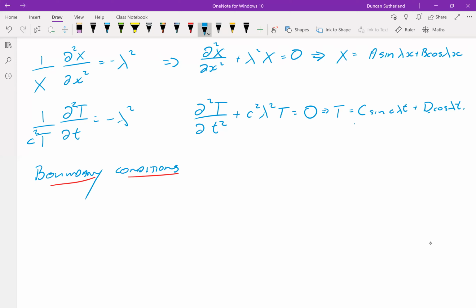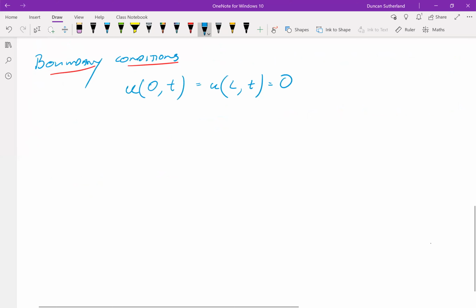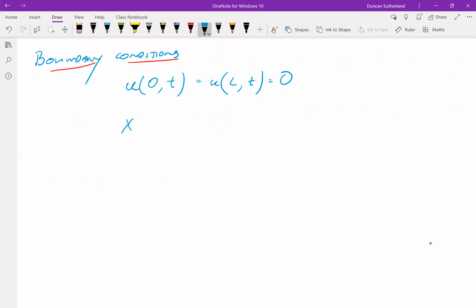So our boundary conditions are specified for U, so they're specified for all times. They are homogeneous directly, which means that the value of U is fixed at 0 for all time. So let's think about this in an X and T fashion.